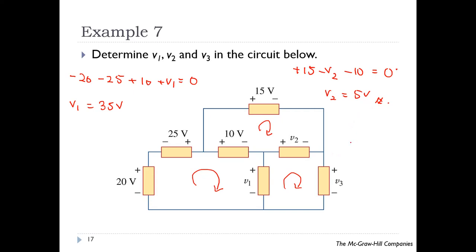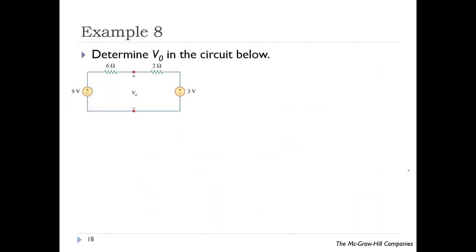And for V3, minus V1 plus V2 plus V3 equals 0. V3 equals V1 minus V2 equals 35 minus 5 equals 30 volt. Okay, alright, let's move to example 8.